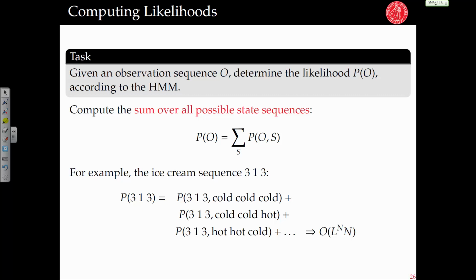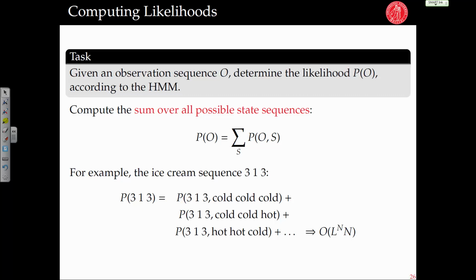So what this amounts to is that the probability of O is the sum of the joint probability of O and S, over all possible S's that can be a hidden state sequence for it. So we still have to compute this joint probability, because this is how the hidden Markov model is constructed. But rather than looking for the state sequence that maximizes P of S given O, what we want is just the P of O. So we sum.